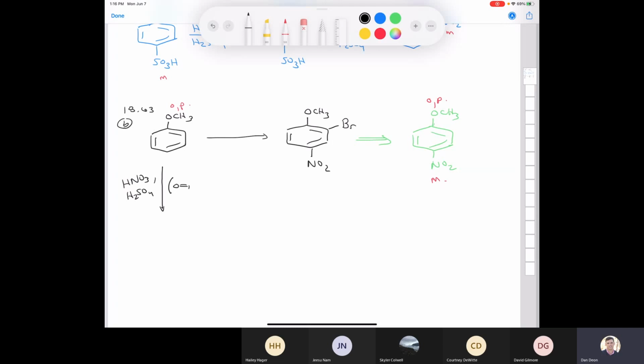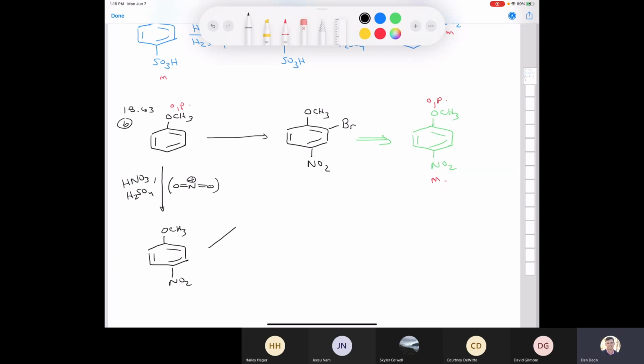You should be able to draw the nitronium ion, and you should be able to draw the mechanism of nitration. Here we go. And you're going to end up nitrating in the para position like this. So we have our nitro group here.